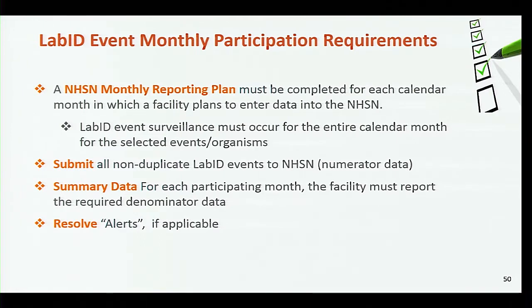Again, the Lab ID event surveillance must occur for the entire calendar month and for all specimen sources. When participating, you will submit all non-duplicate Lab ID events to the NHSN application, and then you will also complete your summary data at the end of the month. And then lastly, you'll want to make sure that you resolve all of your outstanding alerts so that all of your data is included in analysis.